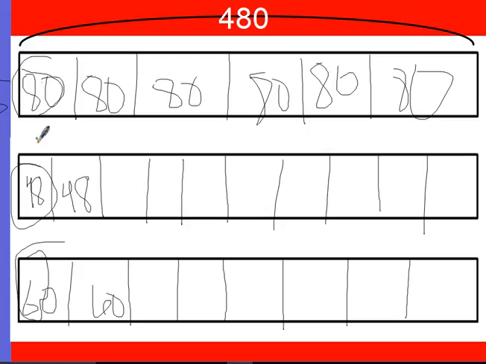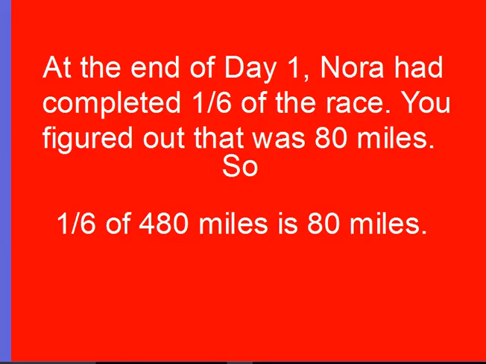Well, once we figured that out, let's go on to what we've talked about. How would you write an equation to show the total distance Olivia bikes in 2 races?